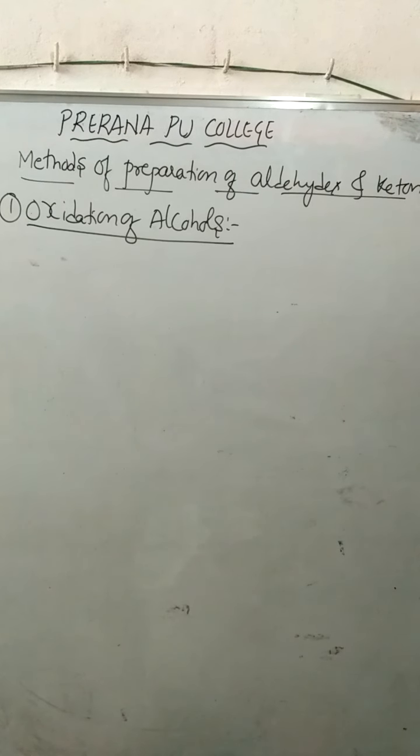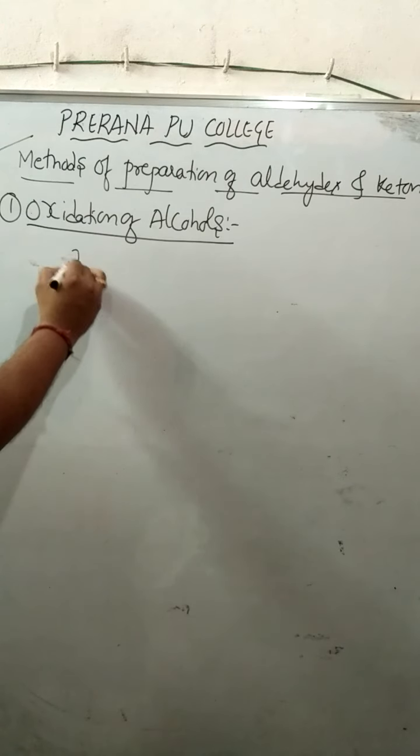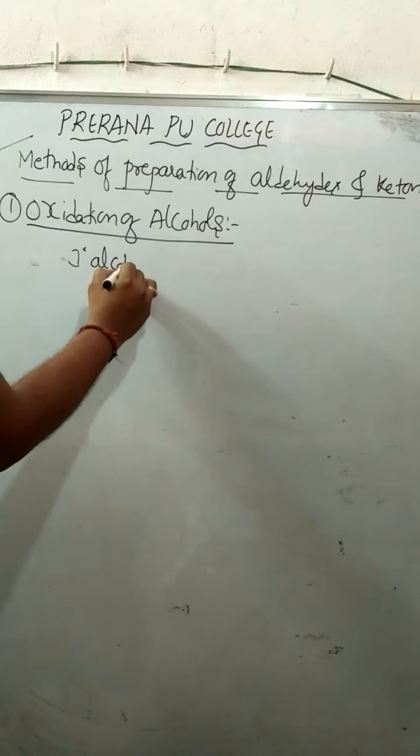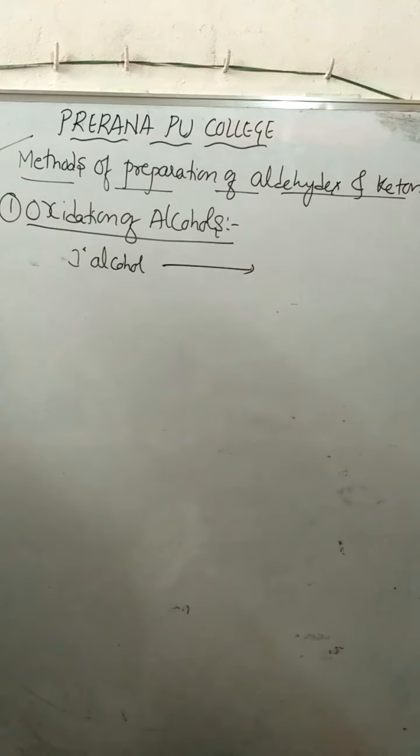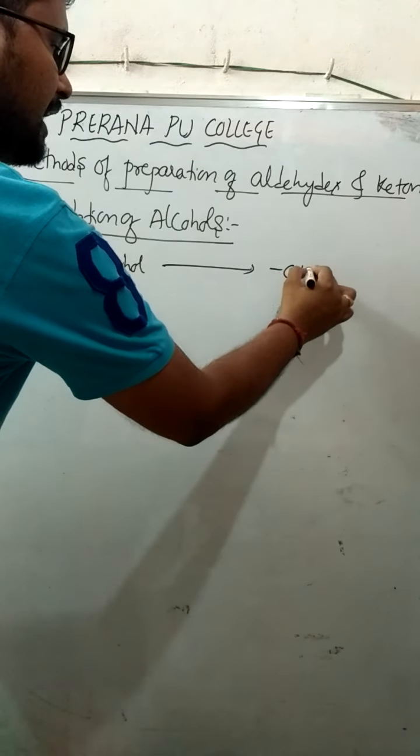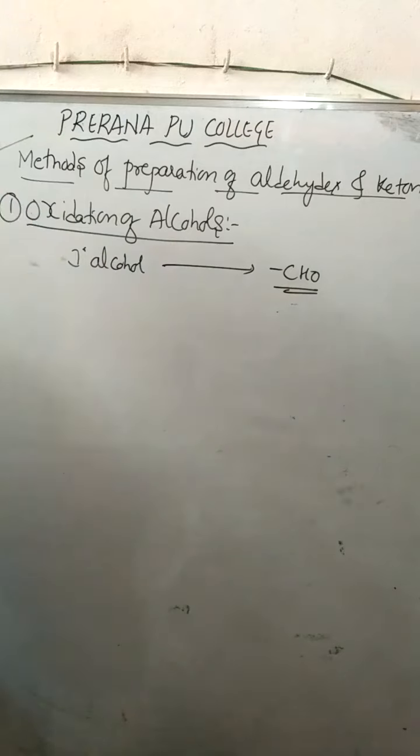After studying the structure of the carbonyl group, let us discuss the methods of preparation of aldehydes and ketones. The first method is oxidation of alcohols. One should know that when a primary alcohol is subjected to oxidation, aldehydes will always be the major products.